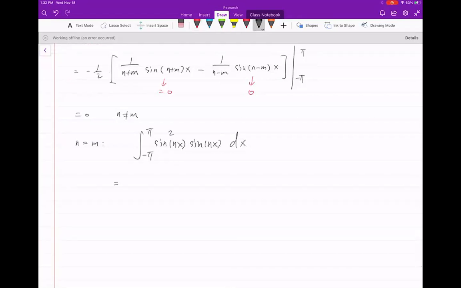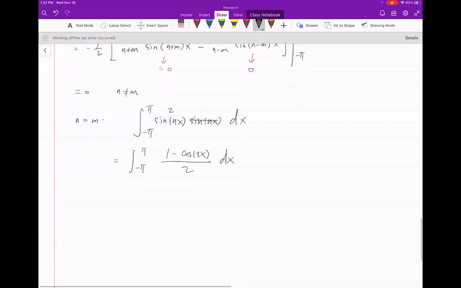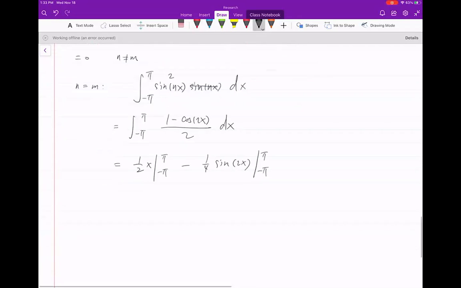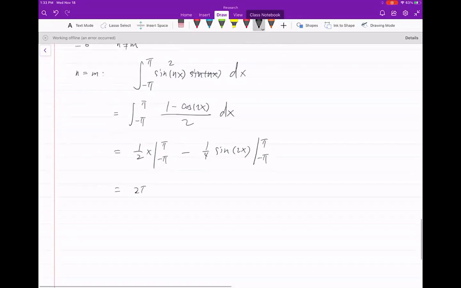It's going to be sine square, which is 1/2 times (1 minus cosine 2x) dx, which is 1/2 x from negative pi to pi, minus 1/2 sine 2x times another 1/2, so 1/4, from pi to negative pi. So together we have 2 pi times 1/2, which is pi. And the minus 0, which is pi.